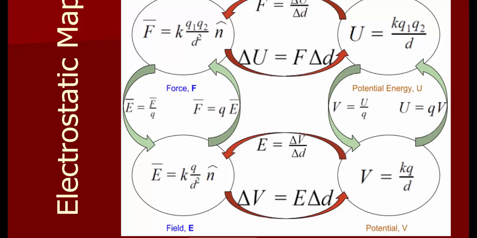It's pronounced like n hat. It's got a little hat on it. And remember that Coulomb's law, for instance, K Q1 Q2 over distance squared, will only give you the magnitude, the size, but it doesn't give you the direction. So I used a little thing called the unit vector notation to indicate that it has a direction, and I put it over here.